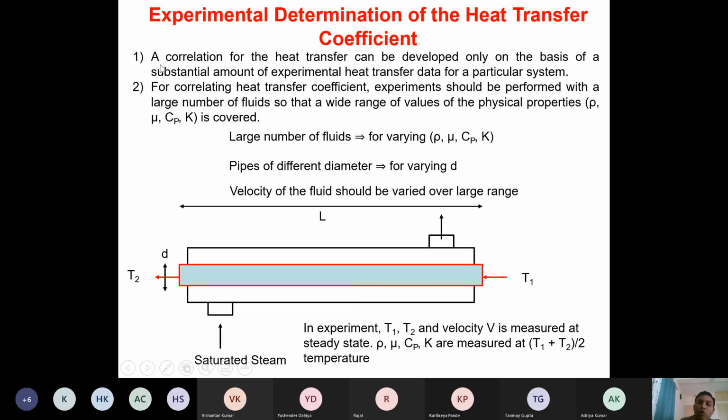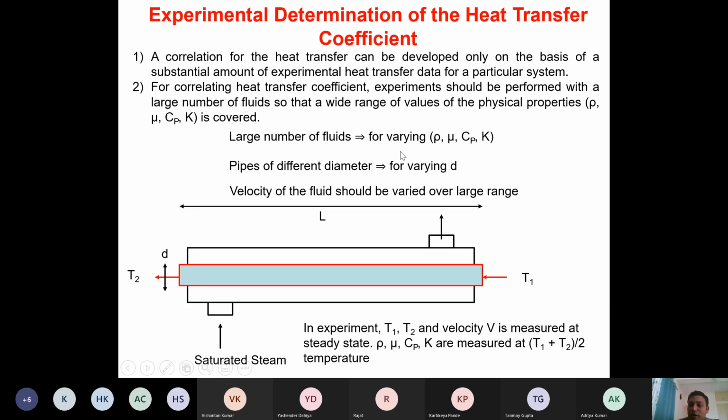Now, what we are saying here is that a correlation for heat transfer can be developed only on the basis of a substantial amount of experimental heat transfer data for a particular system. So we want to generate a lot of data for a particular system.